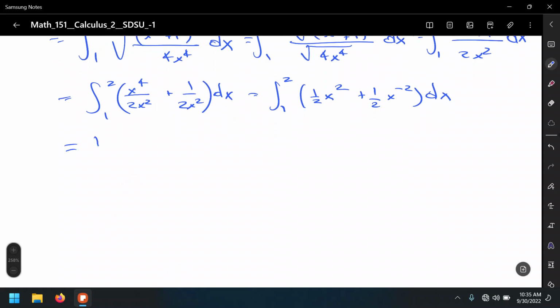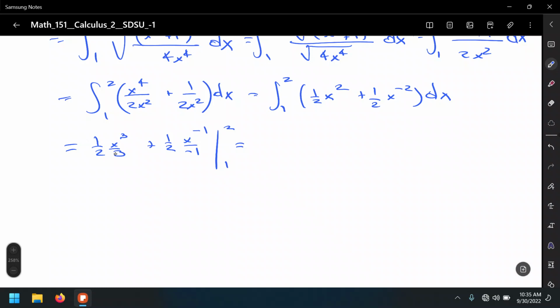So that's the integral. That's 1/2 times x cubed over 3 plus 1/2 times x to the -1 over -1, evaluated from 1 to 2. A lot of factors, a lot of negatives. Let's simplify that and write it nicely.